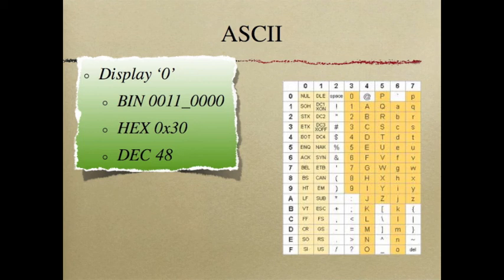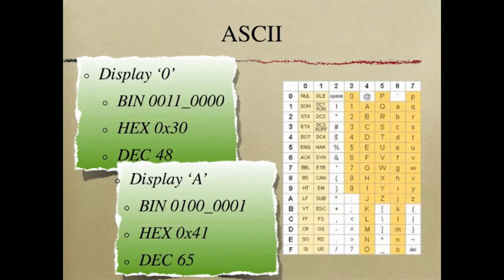Let's see another example. Say you want to encode the character A, the capital A. The 8-bit combination for the character A is 0100 0001. Similarly, we can use the hexadecimal number 41 to represent this sequence of bits.